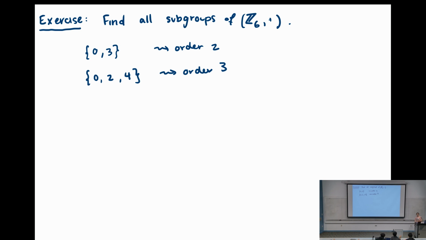Any other subgroups? So all of Z6, and then also just the one containing the identity. So this one has order 6, and this one has order 1. Are there any others?